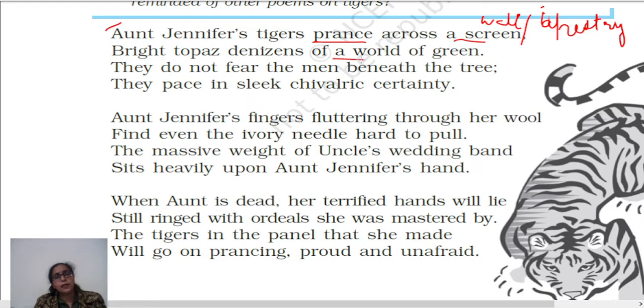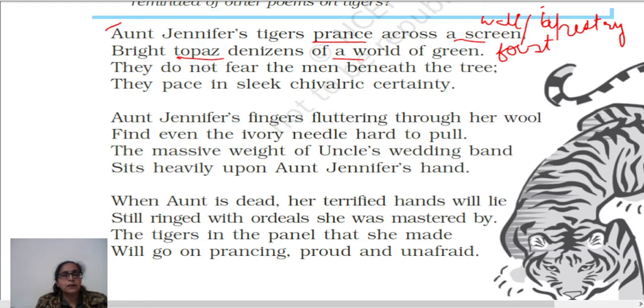The poet is not telling us of a particular world of green. So what is a world of green? We find greenery in the forest, and we also know that tigers live in the forest. So here a world of green is some forest.